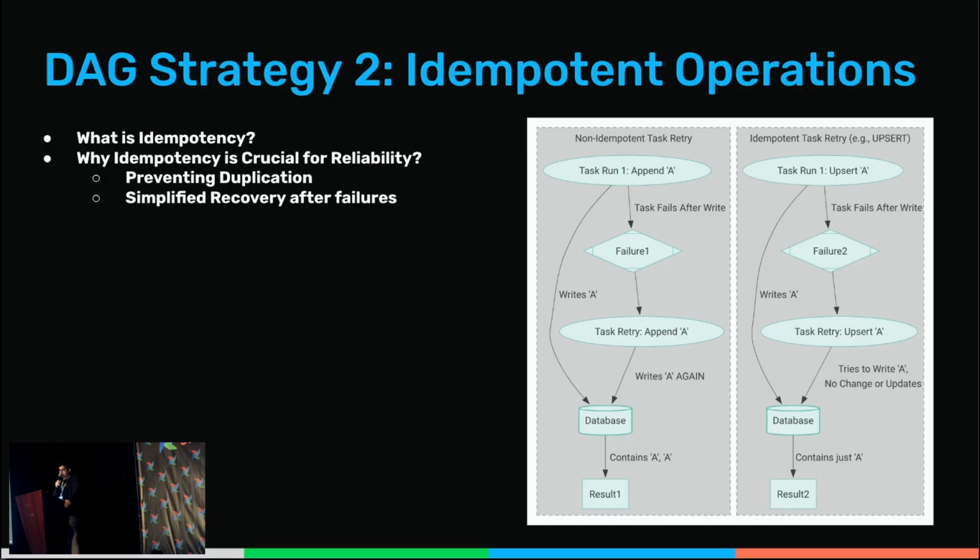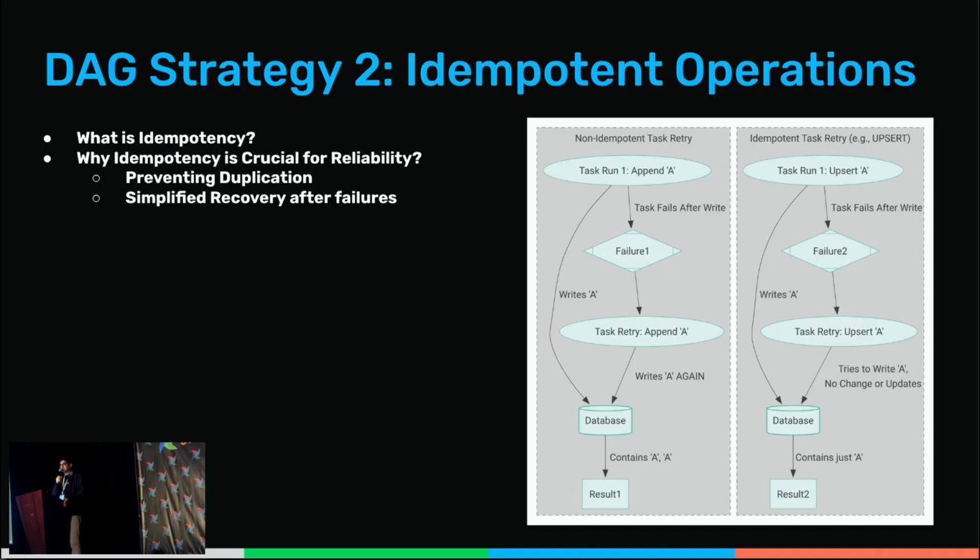So if it already did the logic and then added some rows to the DB, and then it fails before it's done successfully, on the next run, it will not know that it already added it to the DB, so it will start the operation again, but it will not figure out that it added to the DB, so it's writing again. So doing the operation multiple times will result in different outputs.